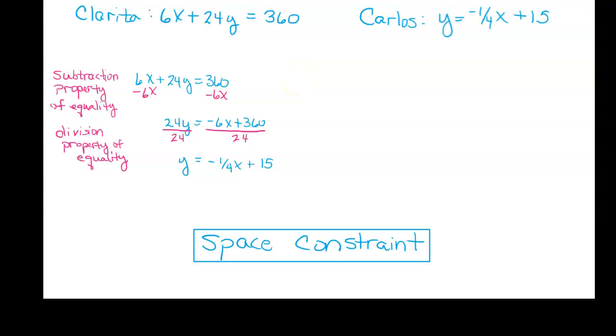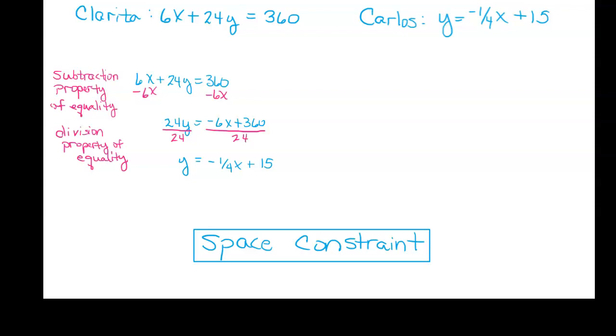Next, we are looking to convert Carlos's y-intercept form back into Clarita's standard form. Because we are not isolating either of the variables, we have to take a little bit of a different approach, and there are different strategies that you can use to get from this form of the equation to the standard form.